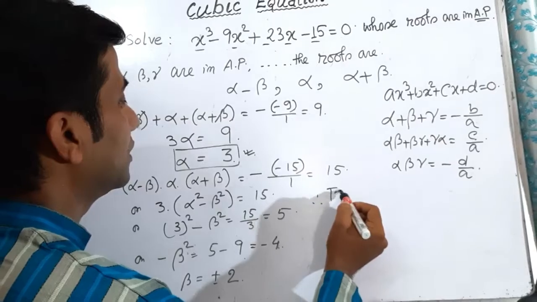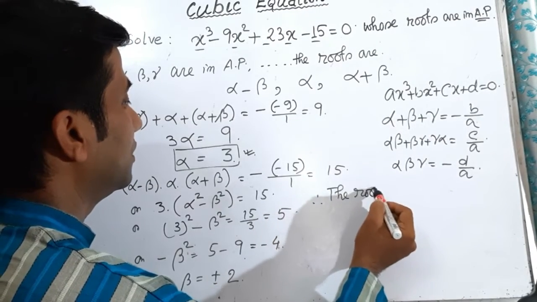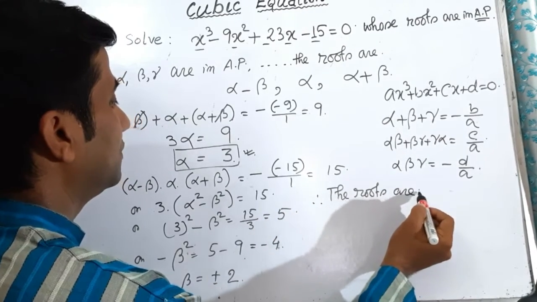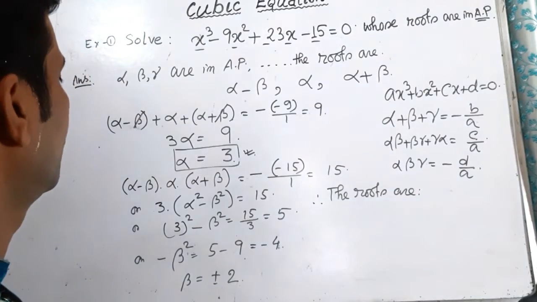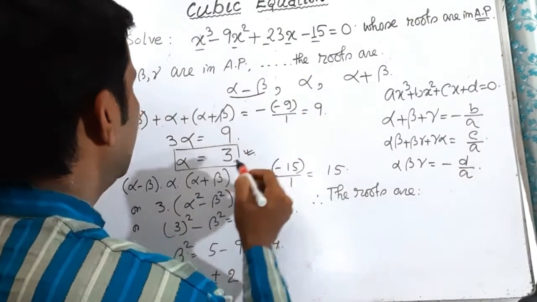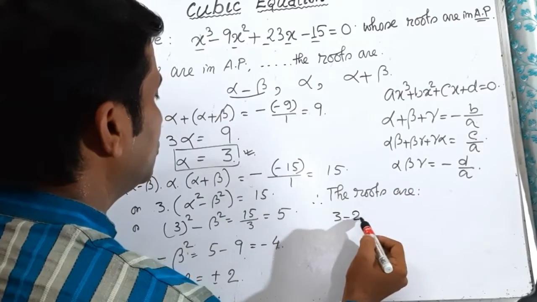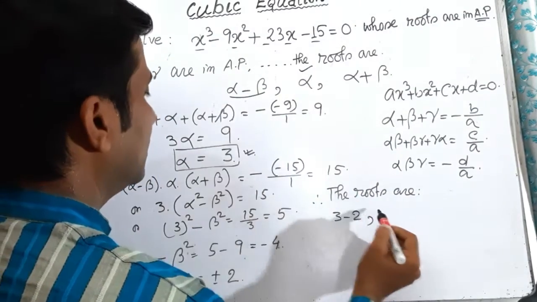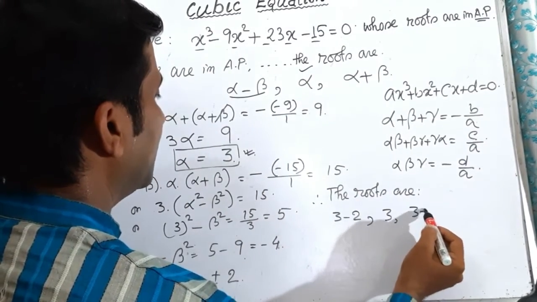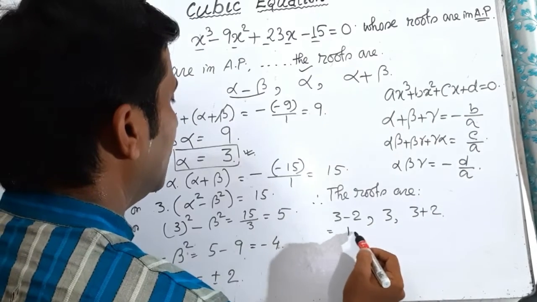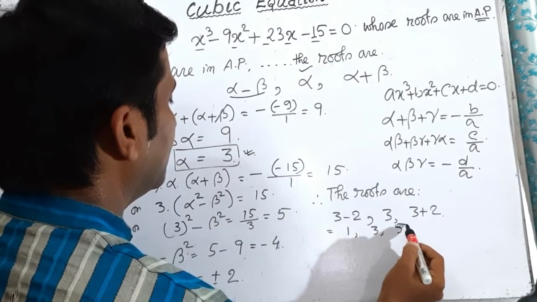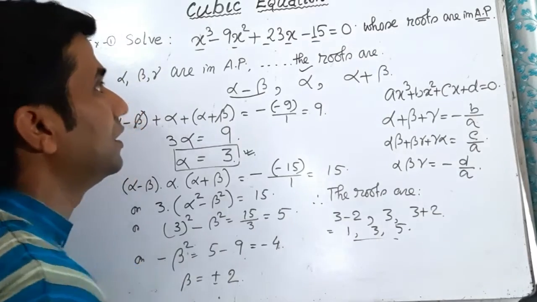Therefore, the roots are alpha - beta, that means 3 - 2, alpha 3, and 3 + 2, that is 1, 3, 5. You see that the roots are in AP.